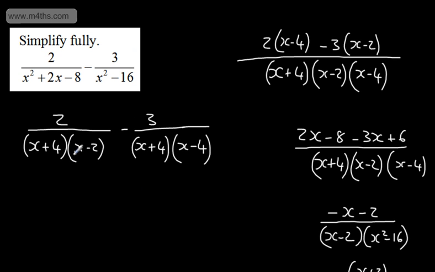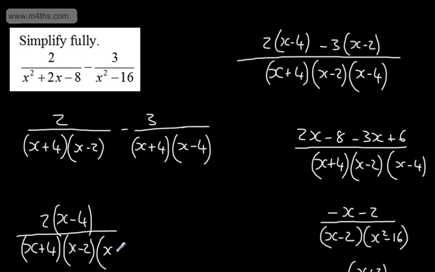At this stage here, I've gone and written it like so. What you could have done at this stage is said, well, what I'm going to do is write an equivalent fraction. So the equivalent fraction is going to be multiplying up. We're going to have 2 lots of x minus 4 over x plus 4 multiplied by x minus 2 multiplied by x minus 4. And then I'm going to subtract from that the equivalent fraction, and here this is going to be now the x minus 2.